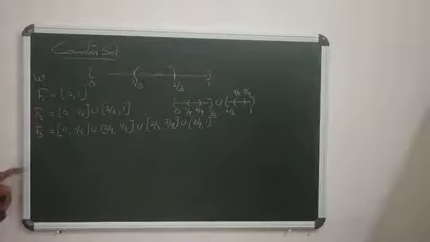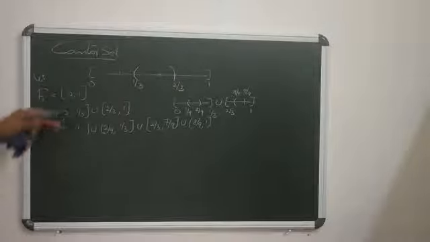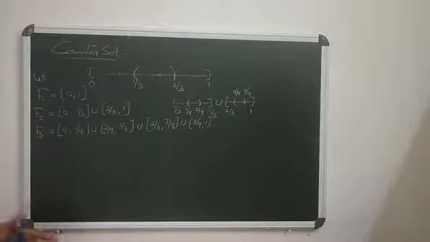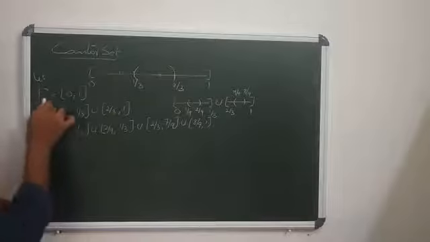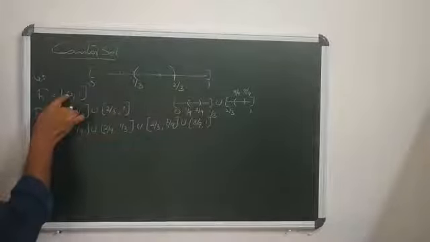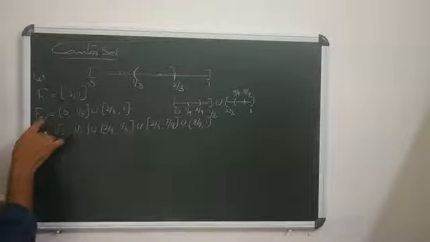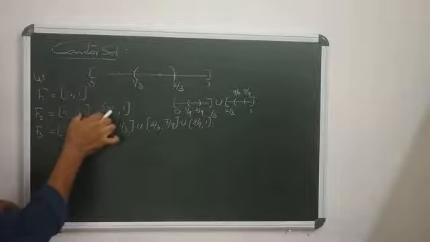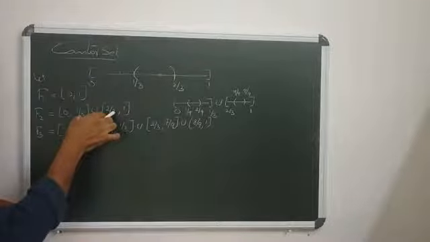Then this process can be continued indefinitely, and you can remove the middle third interval from each closed interval. Consider this clearly. F1 is closed. What is F2? F2 is a union of closed sets, that's again closed.